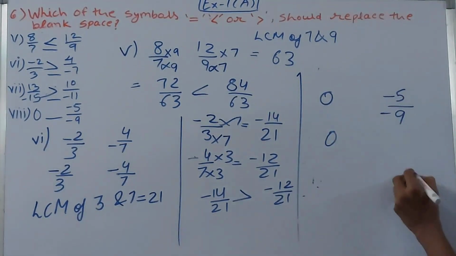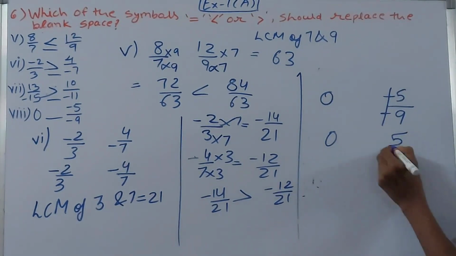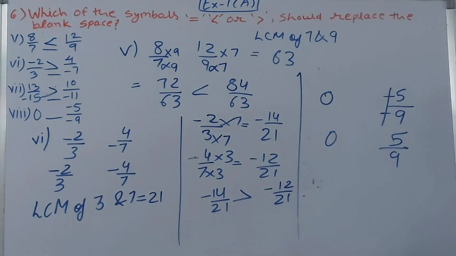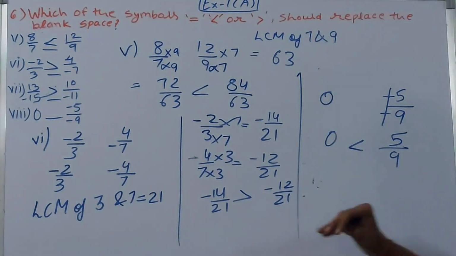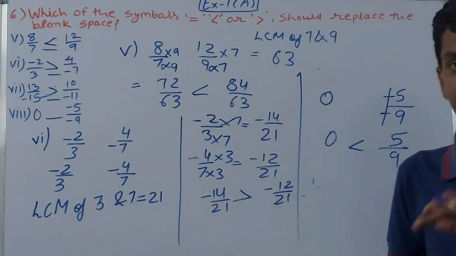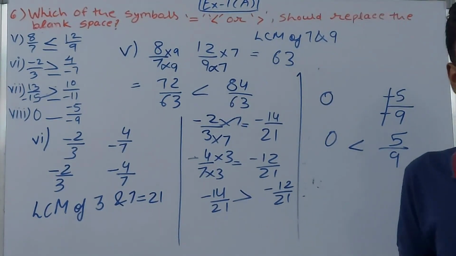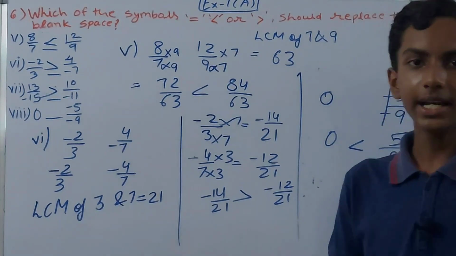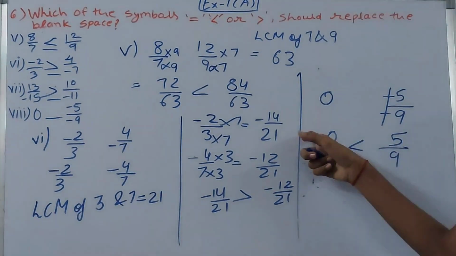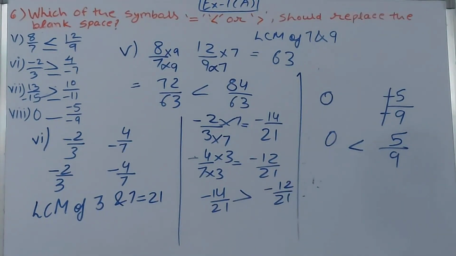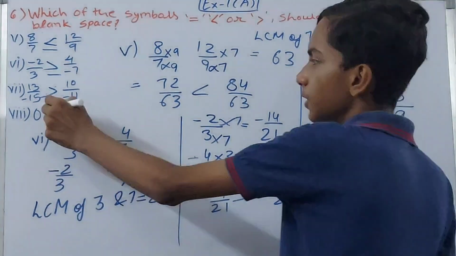Minus 5 by minus 9, cut the minus signs, so 5 by 9. 0 or 5 by 9, which one is greater? Of course 5 by 9 is greater than 0, because 5 by 9 is definitely less than 1 whole, but it is also more than 0, right? Any positive number is always greater than 0. So put the sign this way.